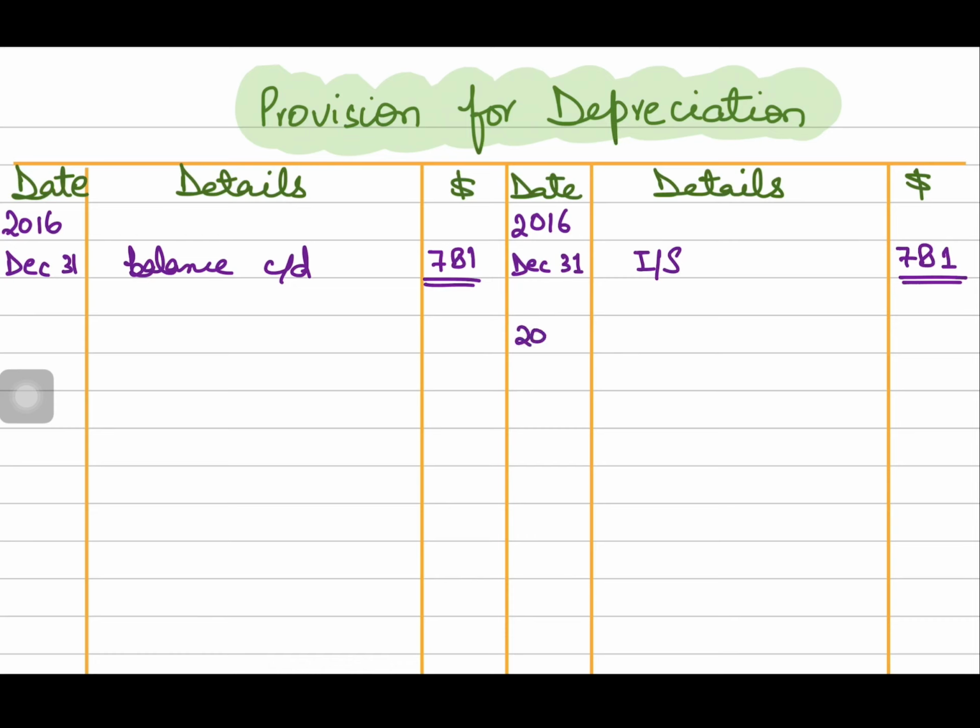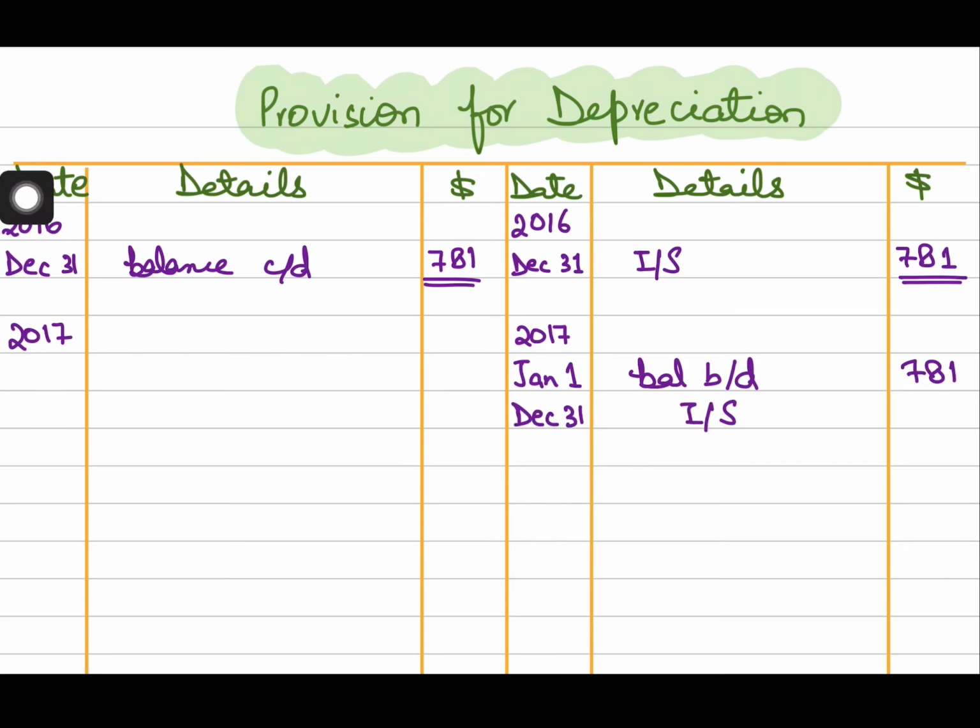Now let's move to the next year, year 2017. First we will write the balance brought down. So balance brought down is 781. Then the same entries will be there, that is one for income statement and the next one for balance carried down.